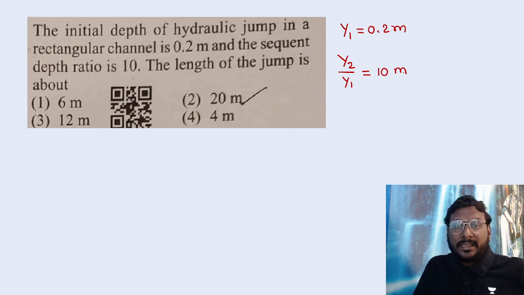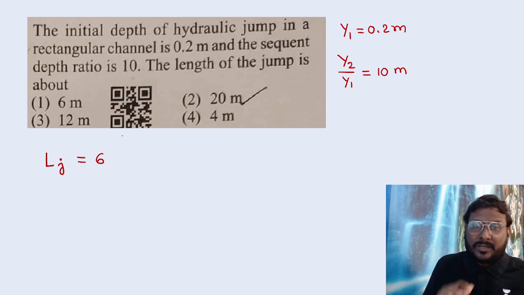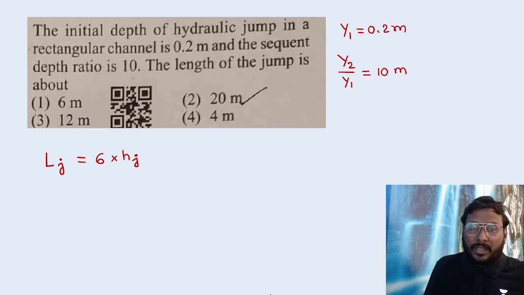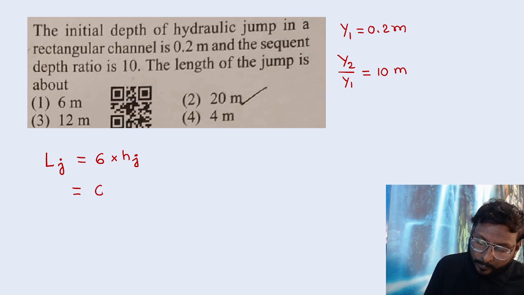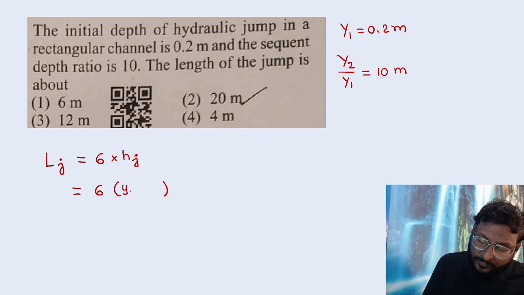Then the length of the jump is 5 to 7 times, if nothing is given take 6 times the height of jump. Height of jump is equal to Y2 minus Y1.